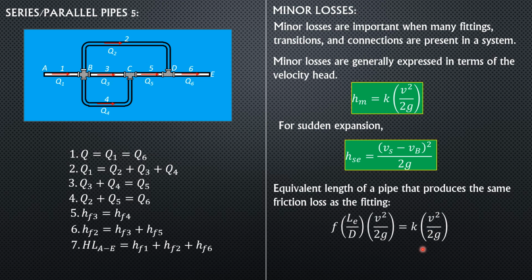So we can cancel the velocity head. The formula is L equivalent equals K over F times D. So it is expressed as the ratio of K over F, which is the number of diameters. That's the formula for the equivalent length of a pipe that produces the same frictional loss as the fitting.